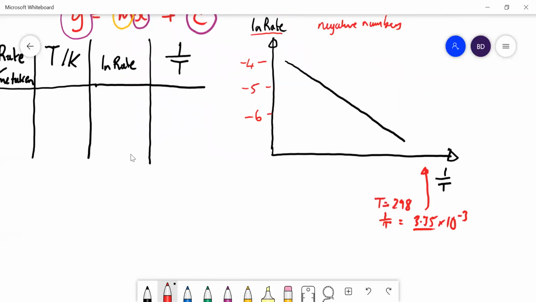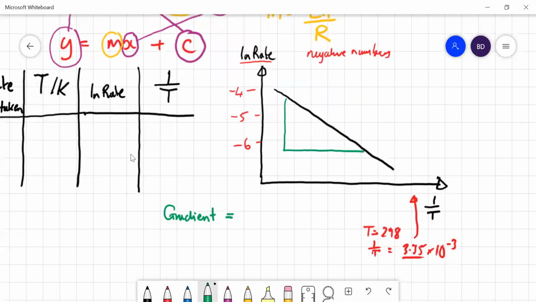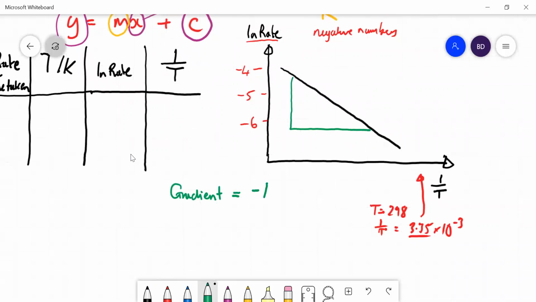And then you need to determine the gradient. So the change in y over the change in x. So you work out your gradient, which is going to be a negative value. And we worked out before that this is equal to minus EA over R. So to work out EA, it is equal to minus the value of the gradient times the value of R, which is 8.31.